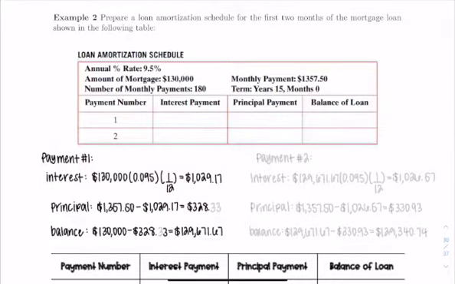So I'm going to go ahead and fill out the first row of our table. Our interest payment was $1,029.17. Our principal payment was $328. I'm sorry, that should say 33. Let me go through and change this.